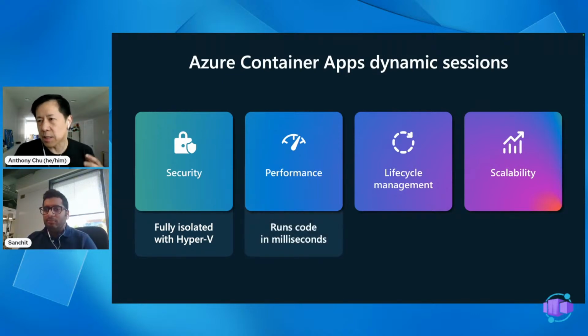And something that you would need to run untrusted code is that you want these things to run fast. You want pretty much instant access to a code interpreter. And dynamic sessions allows this to happen. Sanchit's going to go into some more details later about how we make this happen. But even if you don't have a session created, you can basically send us some code, and we'll run that in a session in milliseconds.